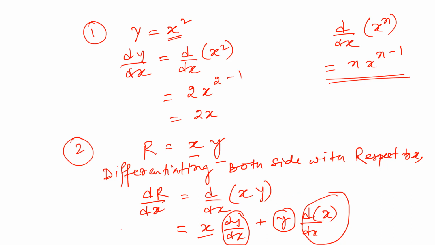And before proceeding to another example, in this case the final expression will be: dr dx is equal to x into dy dx plus y into dx upon dx. Now we are learning the fractional error, so we don't need this mathematical expression. Actually we need to find out dr upon r, that is the fractional error. So I'm just writing down this expression on the next page also.